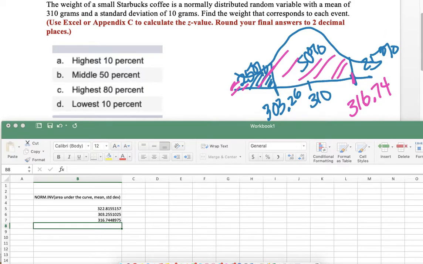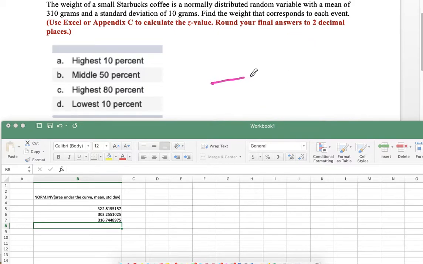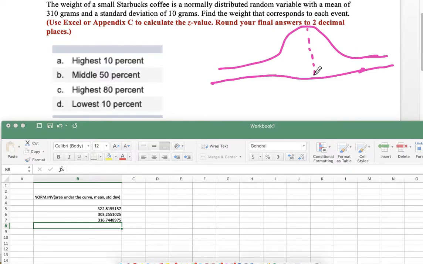Now let's do the next one, highest 80%. I am much better drawing in person; it's hard with the mouse and stylus. Here, this is the middle, 310, and for the highest 80%, let's say it's about here, and this would be 0.20, and 80% would be this way.